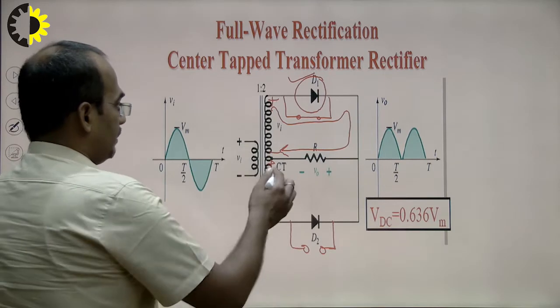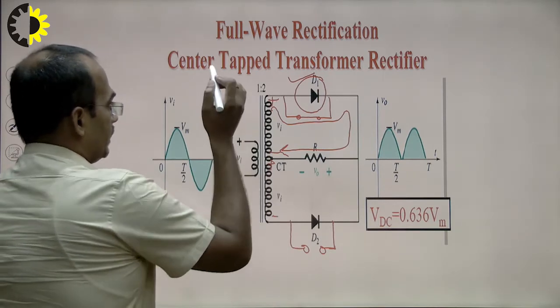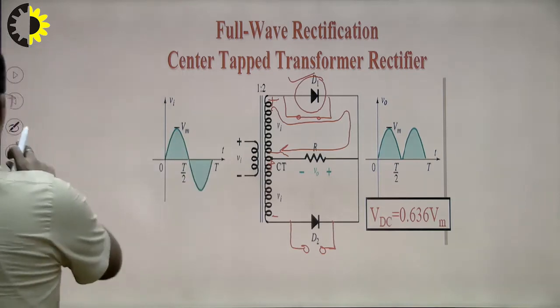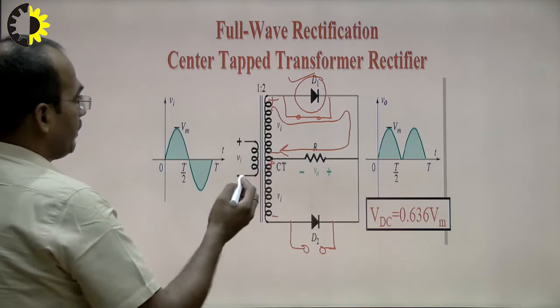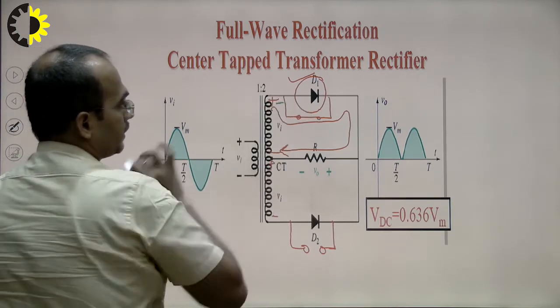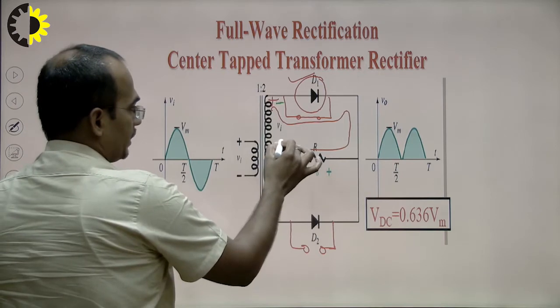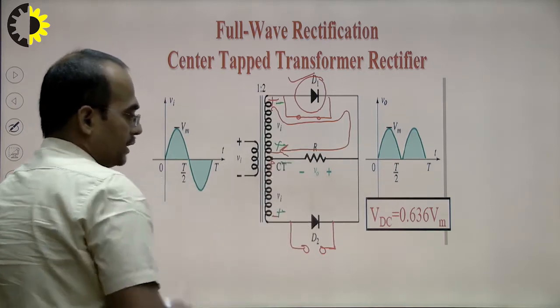Similarly for the negative half cycle, what will happen? Negative charge will appear here, positive charge will appear here. The same will happen here: negative charge will appear here and positive charge will appear here.